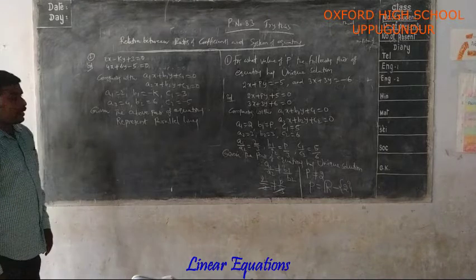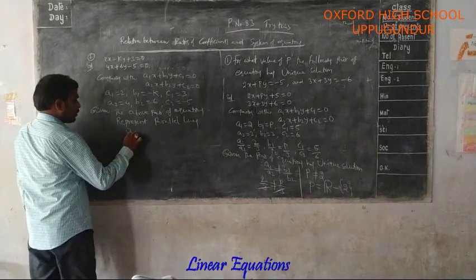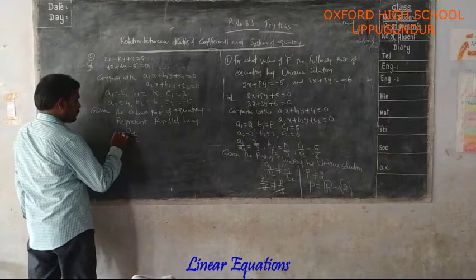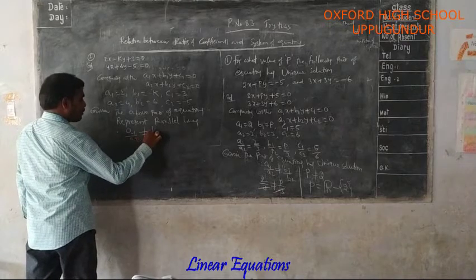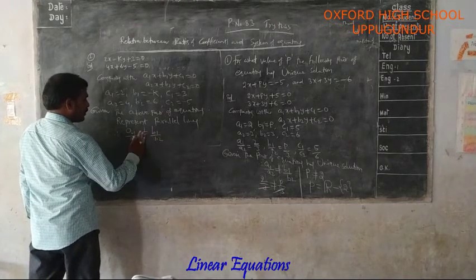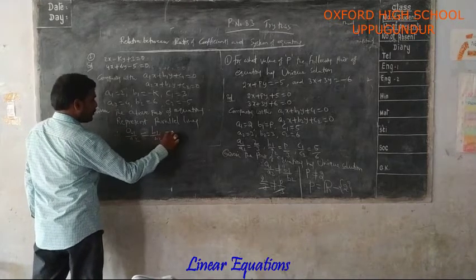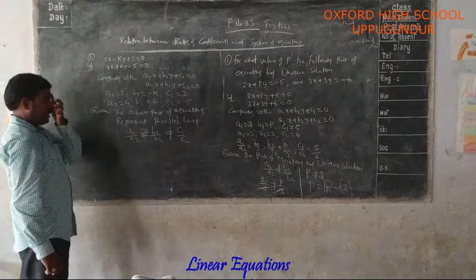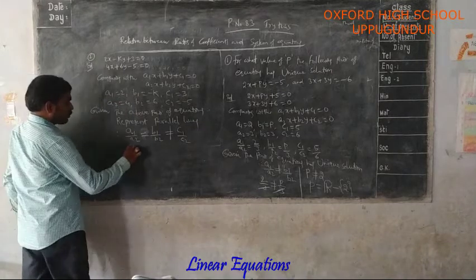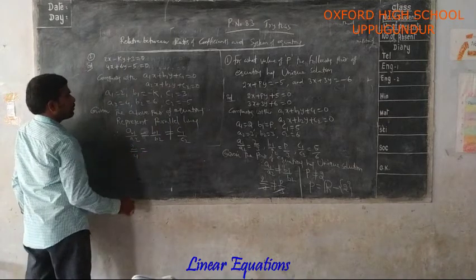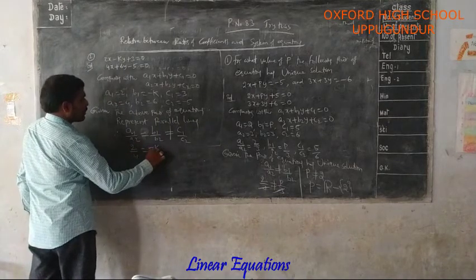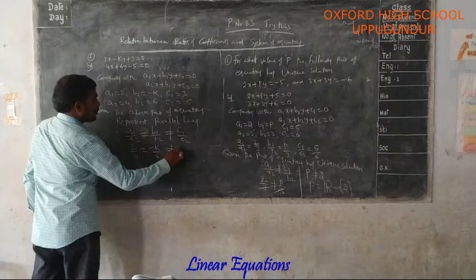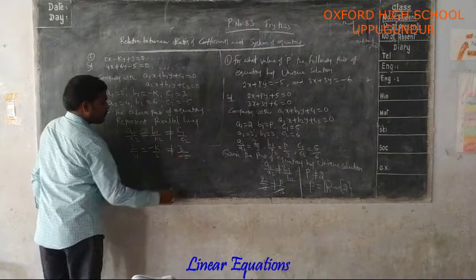For parallel lines, what is the condition we have? Sorry, a1 by a2 equal to b1 by b2 not equal to c1 by c2. So what is a1 by a2 here? 2 by 4 equal to minus k by 6 not equal to 3 by minus 5.